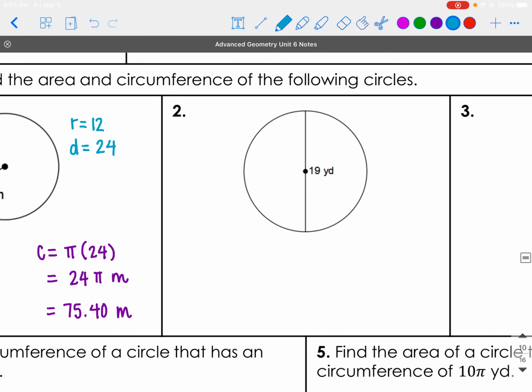Number 2. We're given the diameter is 19, so the radius is half of that. It's 9.5.